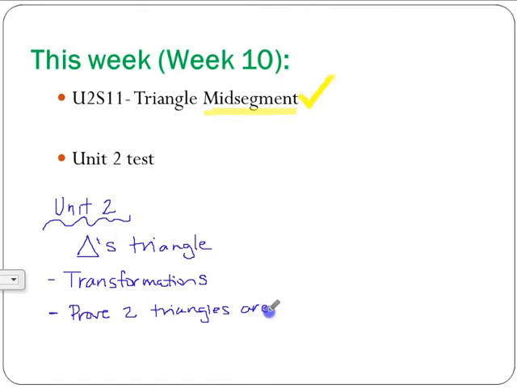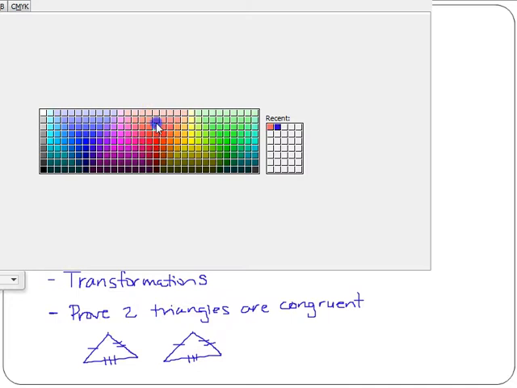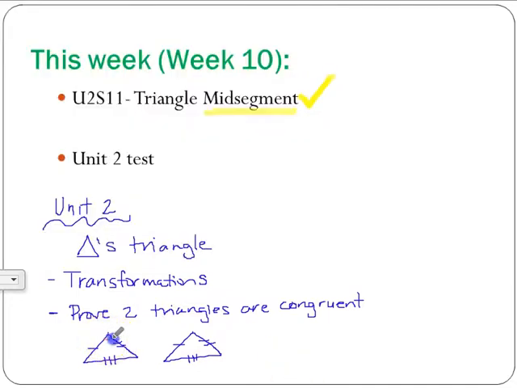Then we moved on to triangle congruence and how we can prove that two triangles are congruent. Remember, in order for two triangles to be congruent, all corresponding sides would have to be congruent, and we can use different numbers of ticks to show that, as well as all corresponding angles having to be congruent.